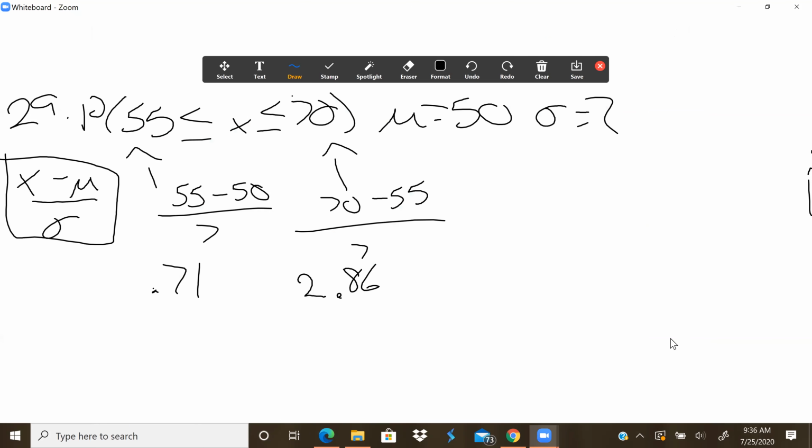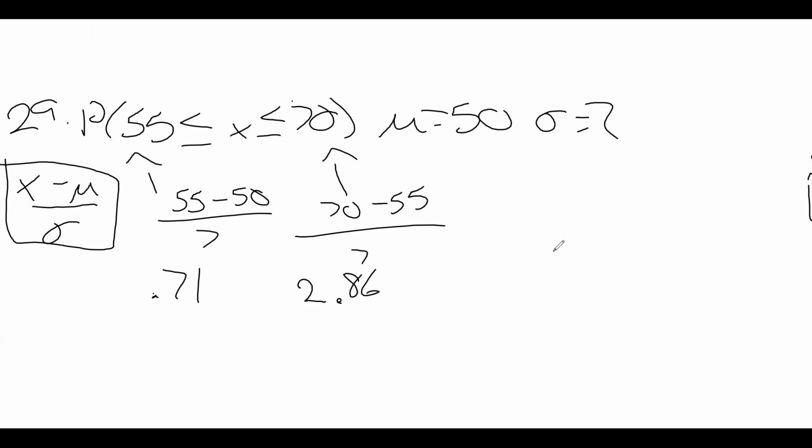Oh, I found out how to toggle between it. Nice. Okay. So this is 0.0436, the z-scores. And then z equals 0.99.